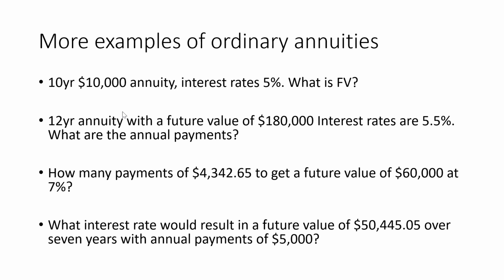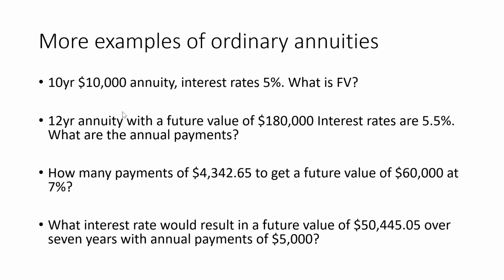So N. Our interest rate is going to be 7%, payment's going to be 4,342.65, and of course that's going to have a negative sign in front of it, to get our future value of $60,000. We're going to compute for N, and that's going to give us 10 years, or 10 payments.